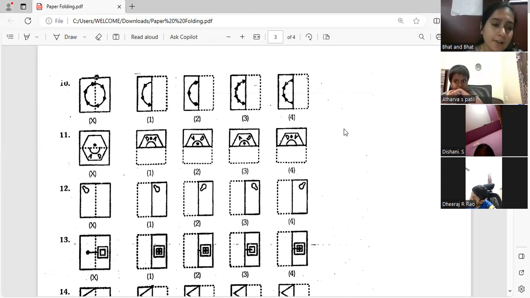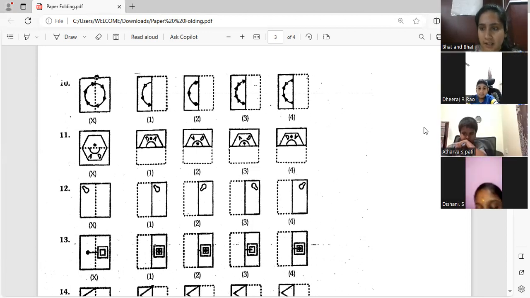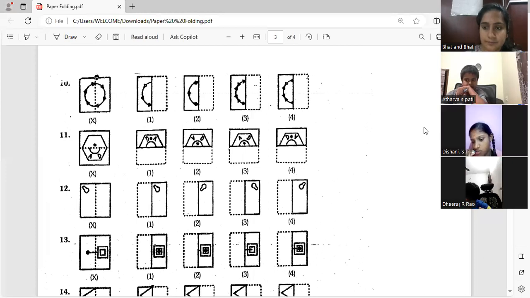Surely the second one is also wrong. Dheeraj, what is the answer? D1. Yes, D1 is the correct answer.